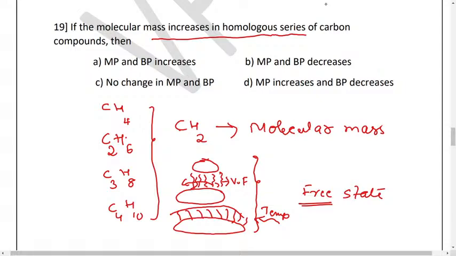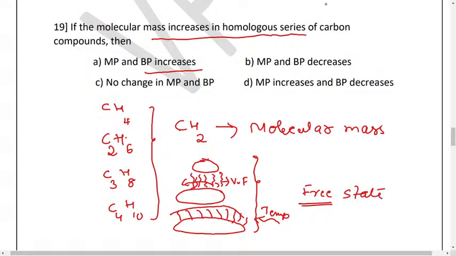Hence, as the molecular mass increases, surface area increases, van der Waals force of attraction increases, therefore the energy supplied should be higher to break the van der Waals force of attraction, therefore boiling point increases. Understood, dear students? Boiling point increases. Now, what about the melting point?